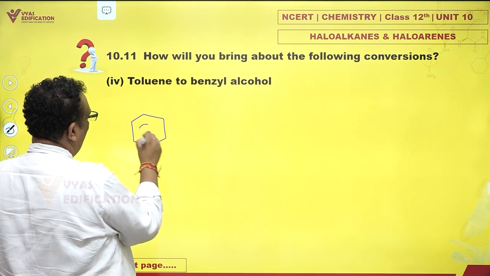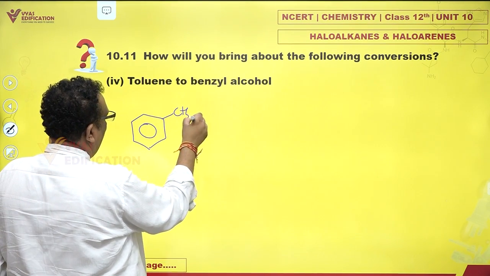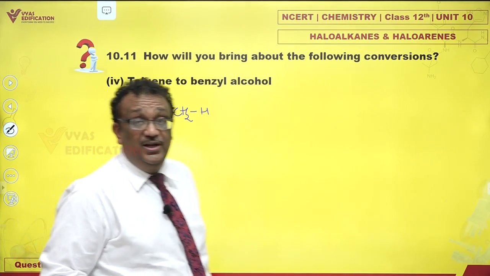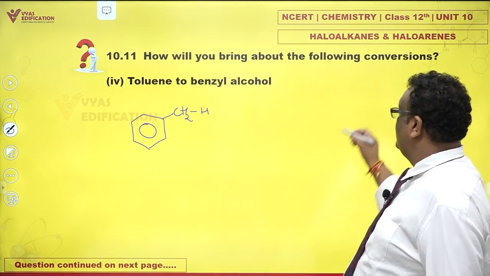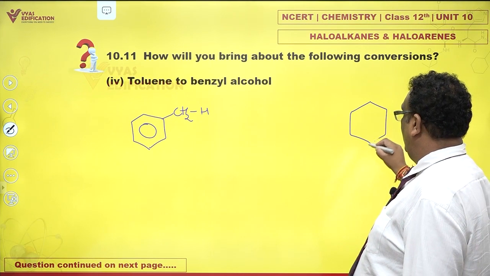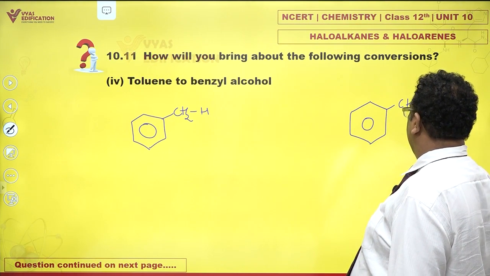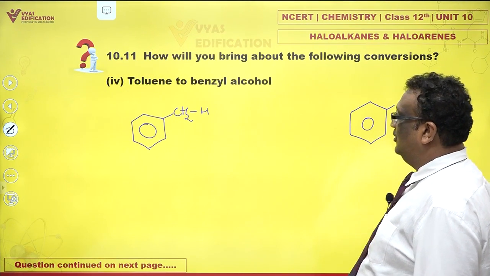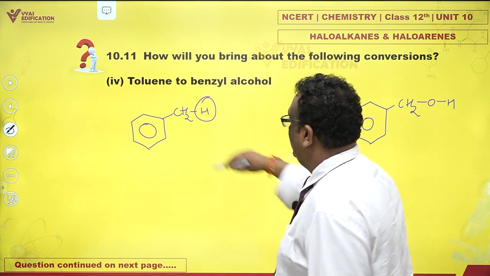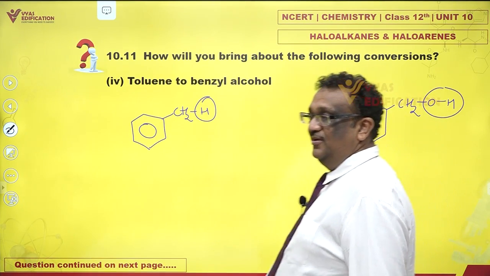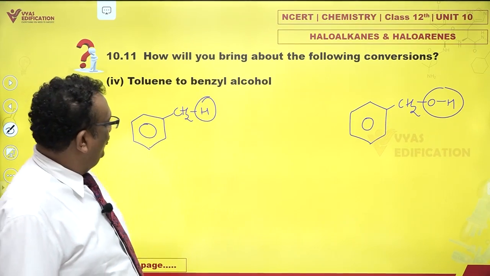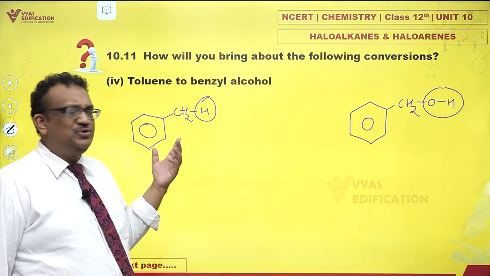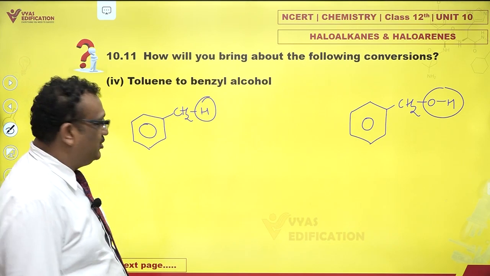This also does not look like much. We have toluene, and what we need to do is we have to oxidize this to benzyl alcohol. What is benzyl alcohol? Okay, so this H has to be changed to OH. Yes, my dear. How do we do that? Well, benzylic position is awfully easy to substitute.